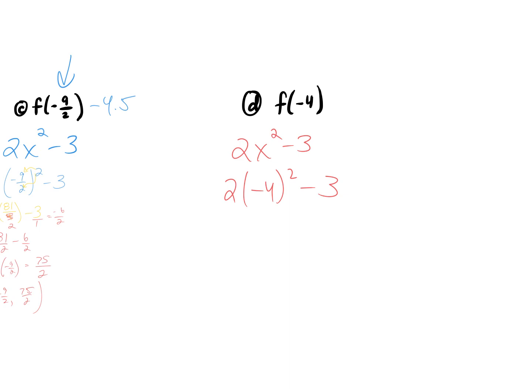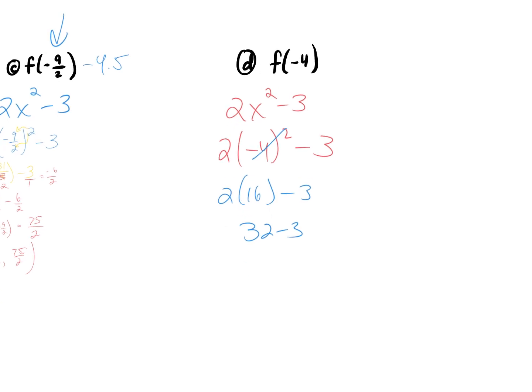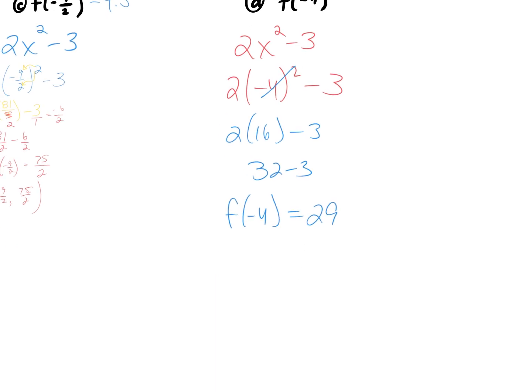What do I do first? Square negative 4. So I get 2 times 16 minus 3. What's 2 times 16? 32. And then 32 minus 3 is 29. So I would say f of negative 4 equals 29. Again, you found a point. Negative 4 comma 29. That's a point on a graph. Does that make sense?